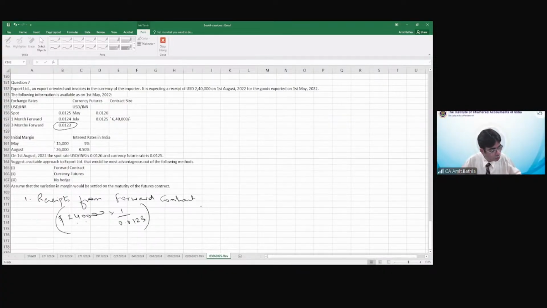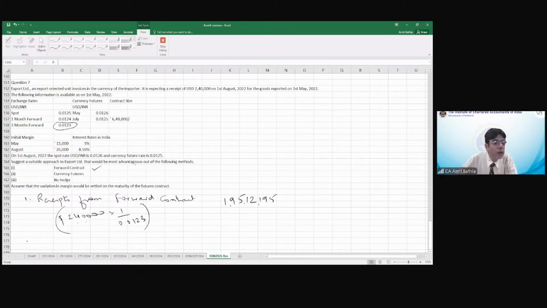How much is the amount coming to? 1 crore 95 lakh 12,195. So I have got this first option, forward contract, covered.